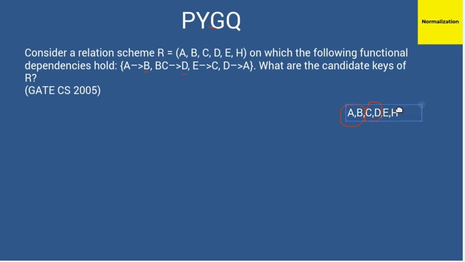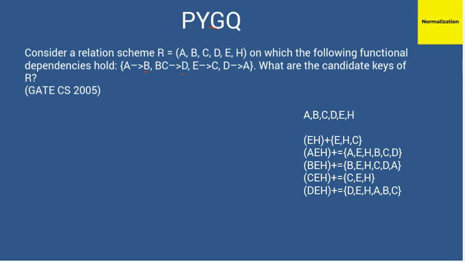So let's try to find the closure of EH. With the help of EH you are getting E and H. With the help of E you can derive C, and with the help of C you can derive nothing. So make a combination of all with the help of E and H.